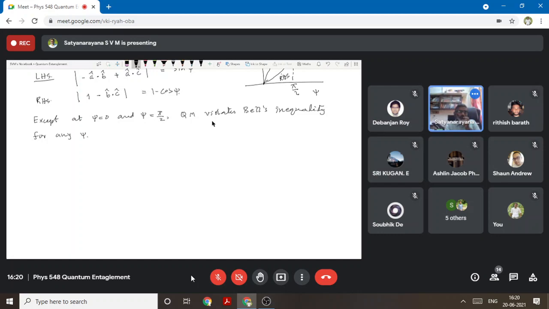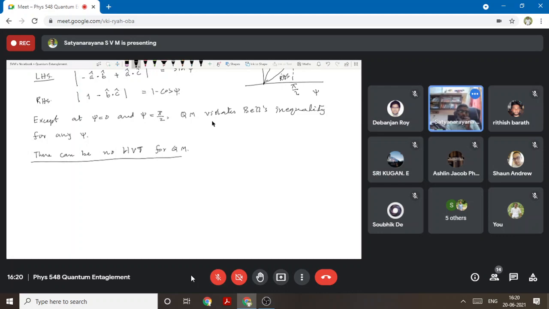So there can be no hidden variable theory for quantum mechanics. This is the conclusion.